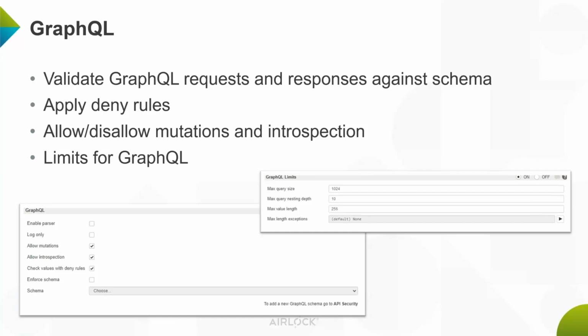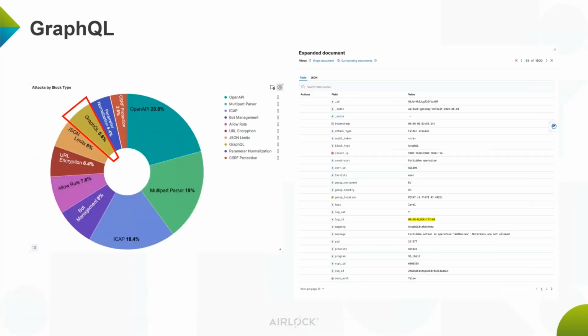We also have functionality for limits, so you can limit the requests to ensure that your backend is not running out of resources. And last but not least, the blocks made by GraphQL filtering are also shown in our reporting bundle, so you can drill down in the logs and investigate if something has been blocked.